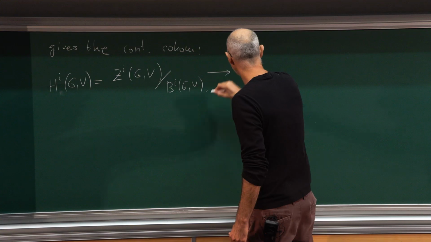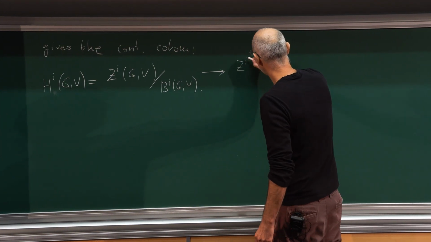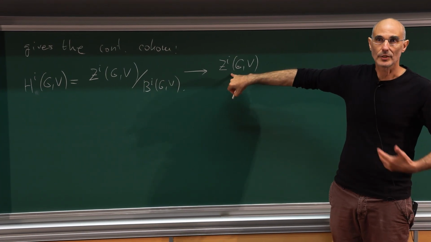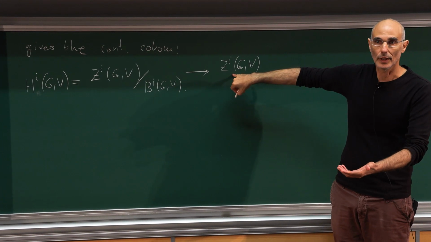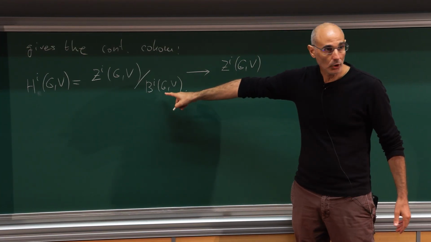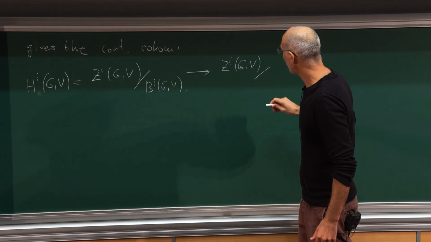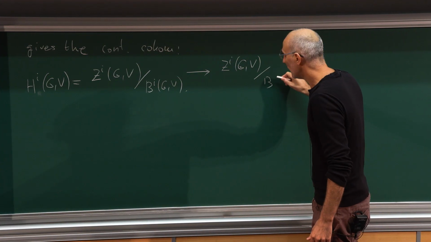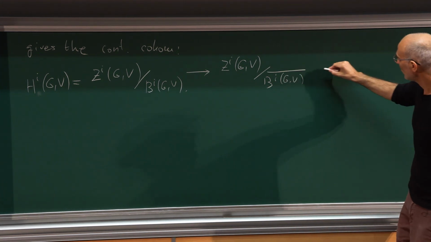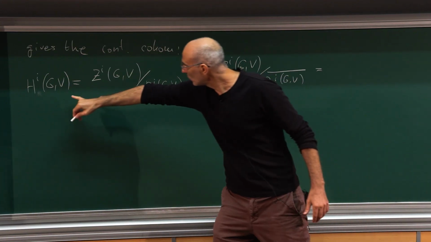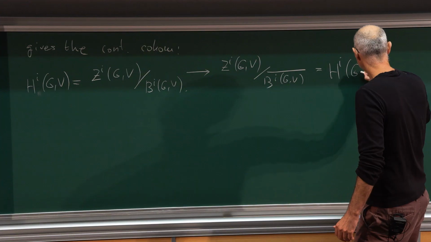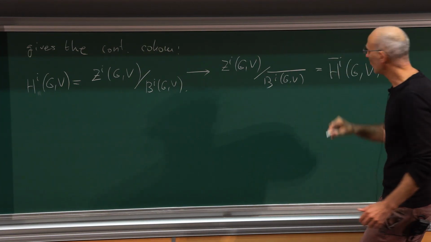In fact, what I can do always is to map. So this cocycle space is a kernel of an operator between Fréchet spaces. This is a Fréchet space by itself. It's closed. This one is not closed, as I hinted before. And I can always take its closure. And what I get is some sort of Hausdorffification of this object, which people denote H bar.